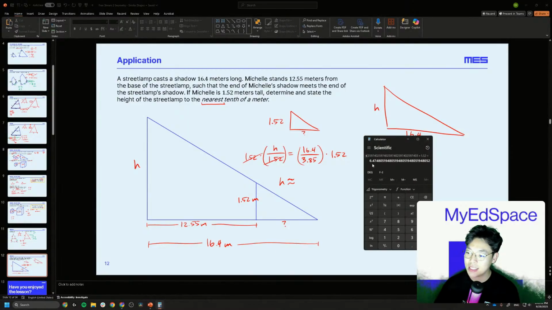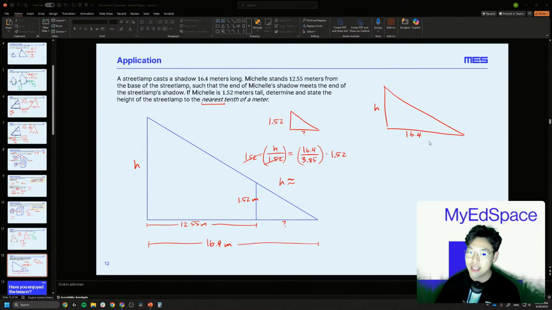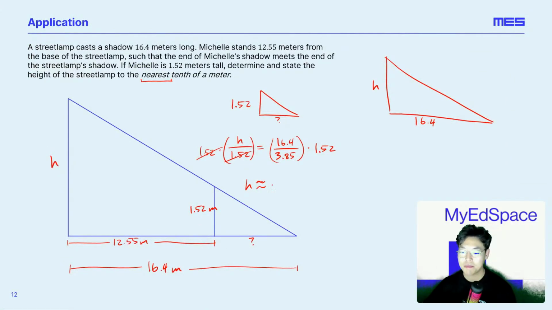And that'll give us 6.47. They asked for the nearest tenth, which means this value right here. And this 7 will round the 4 up to a 5. So we have 6.5. And don't forget, whenever we're given units of measure in the problem, we must include it as a part of our answer. Just like that.